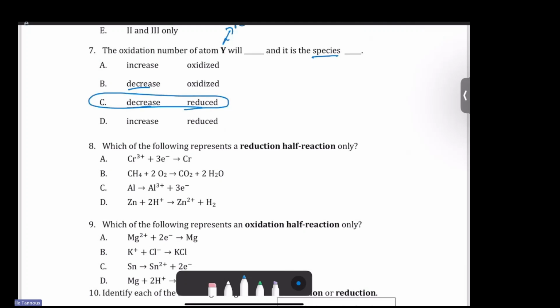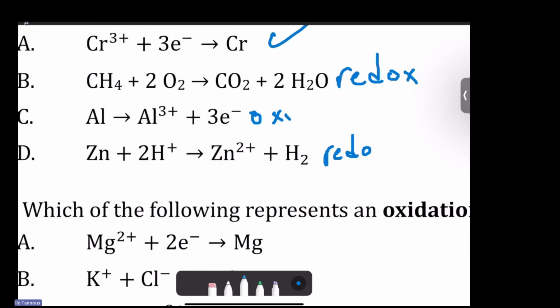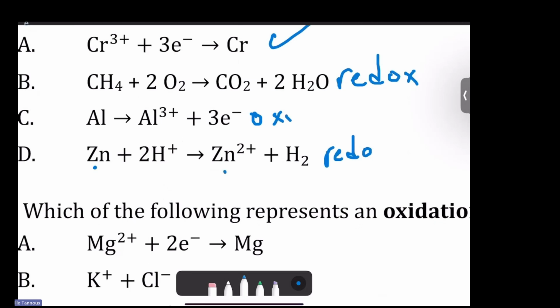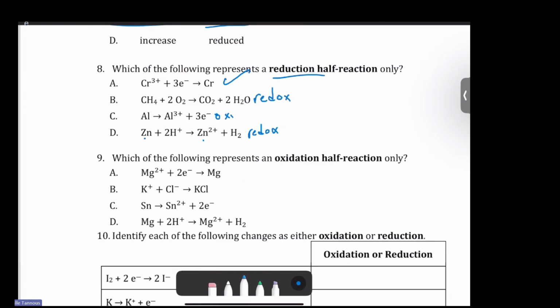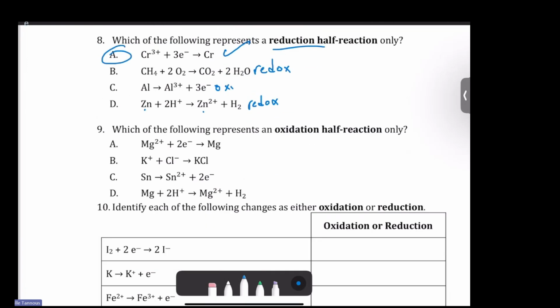Which of the following represents a reduction half? So, reduction, oxidation, redox, redox, clear. 0 plus 2. It's a redox. But they're not looking for the redox, they're looking for the reduction. So electrons are written before the arrow. Reduction.